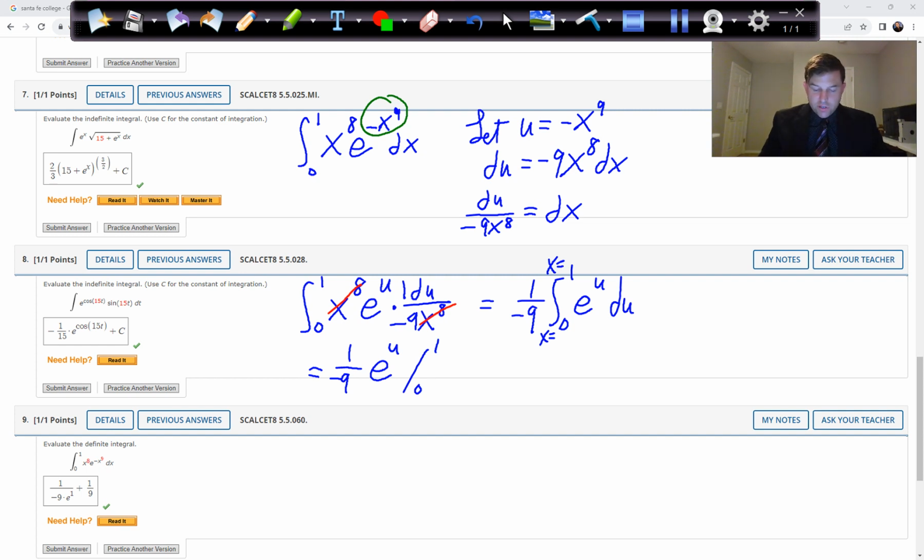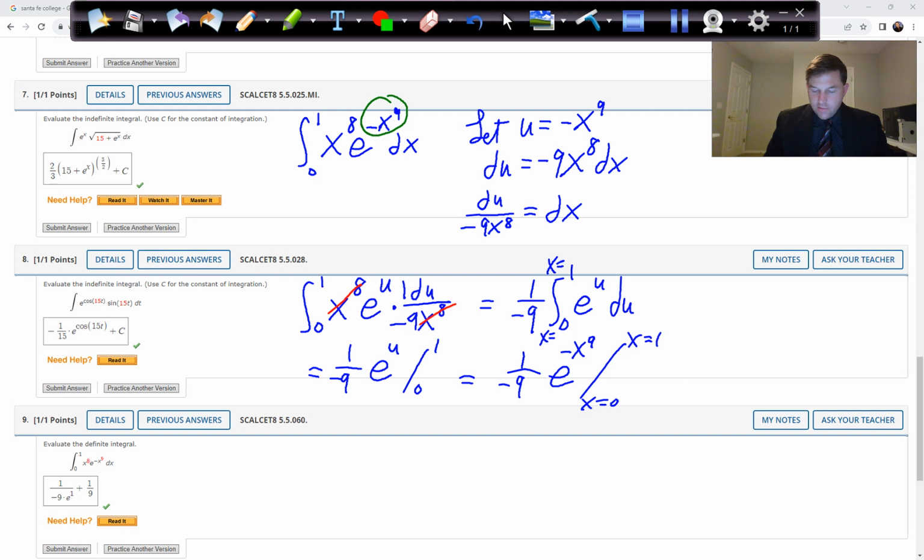So we have to substitute back before I can plug those upper and lower limits into this equation. So this is e to the u, which is negative x to the 9th. And now we can plug in x equals 0 and x equals 1. I'm going to see students make this mistake. You're going to forget to plug back in your x, and you're just going to plug in 1 and 0, and you will get it wrong.